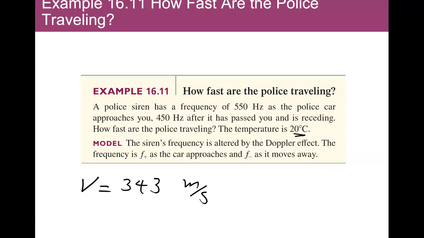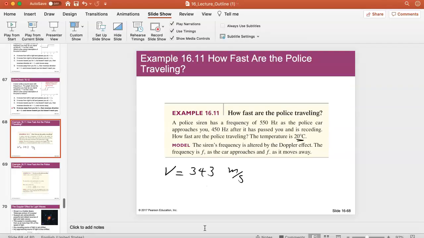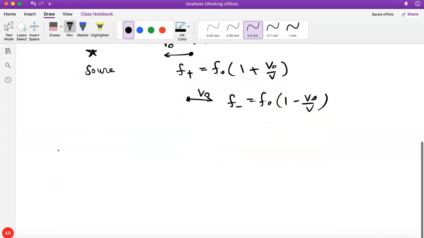Okay, so let's go to the notes and try to figure this out. Here we have a moving source, the siren, and the observer, or listener, is stationary. So this is example 16.11.